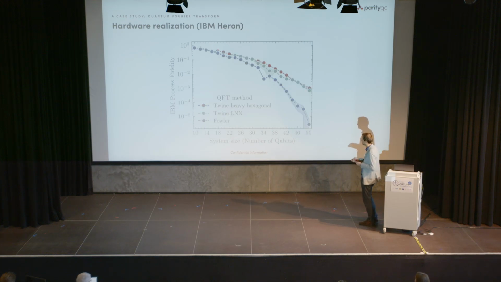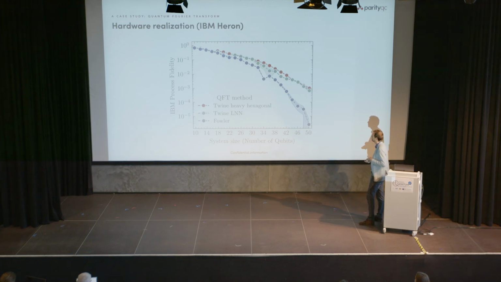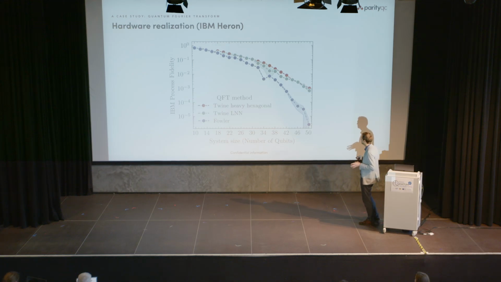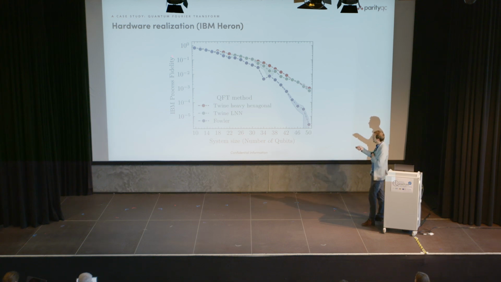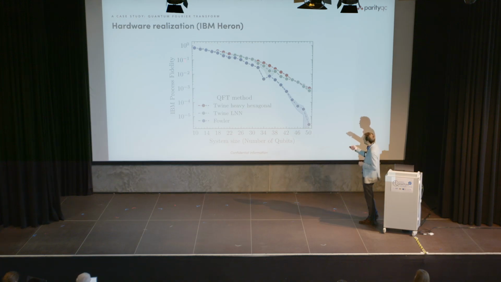There's even, so to say, larger hardware. So on the IBM Heron device, we also did the same experiments. So in this case, you can go up to 50 qubits. Again, working together with people at IBM, we looked at this process fidelity.